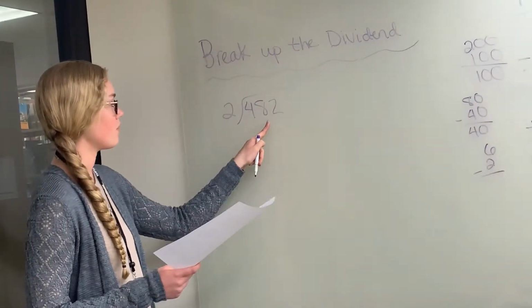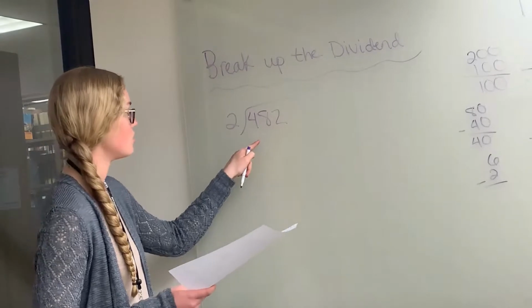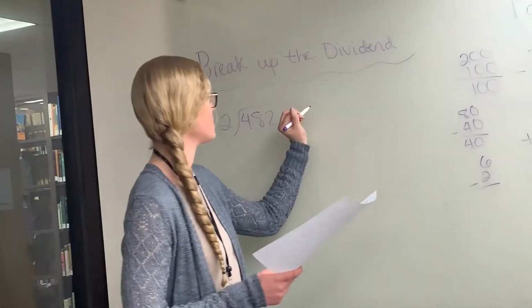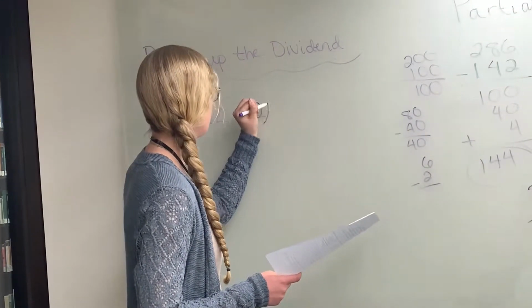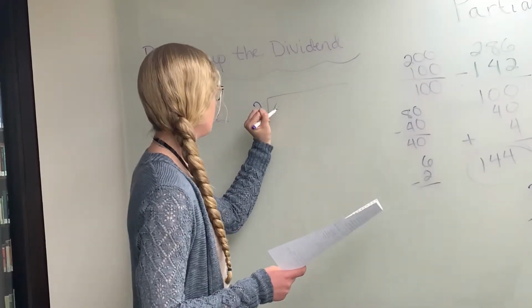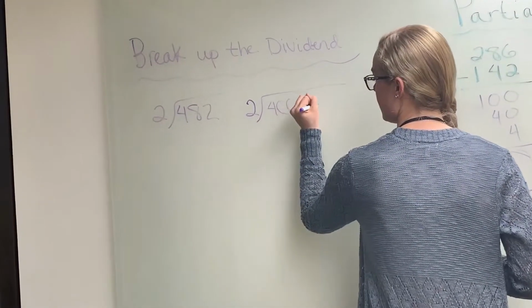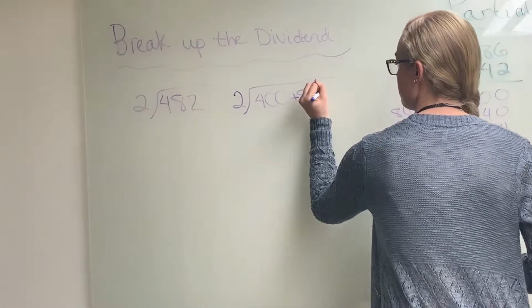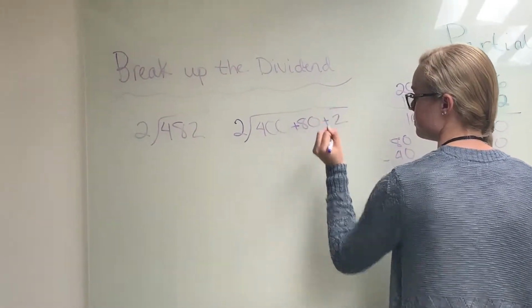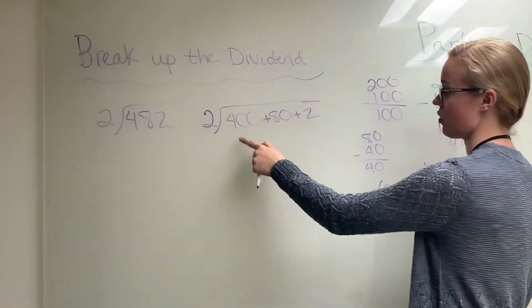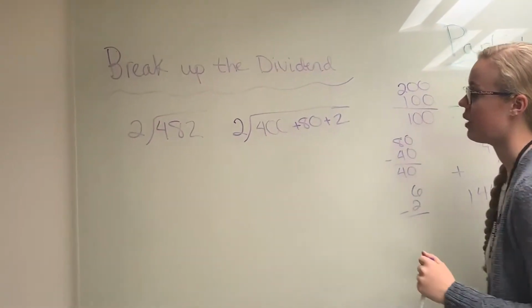So if we broke up 482 into the hundreds, tens, and ones, I would have 400 plus 80 plus 2. So this says 482 divided by 2.